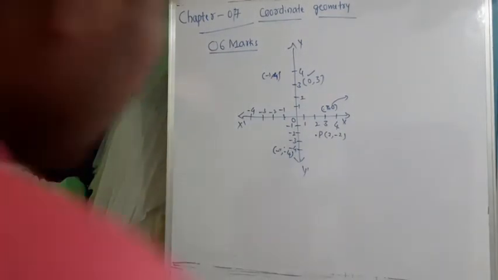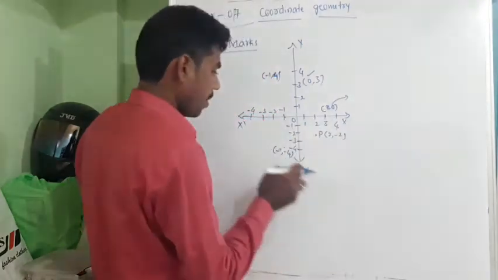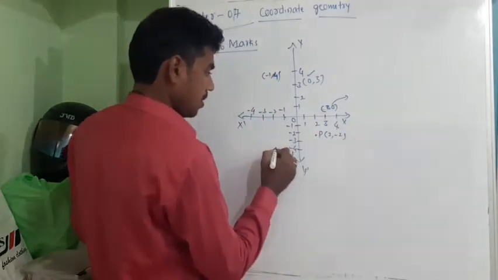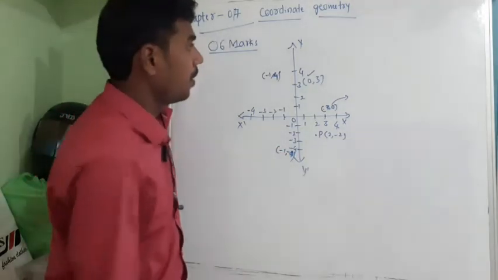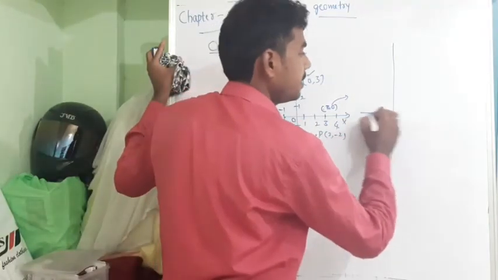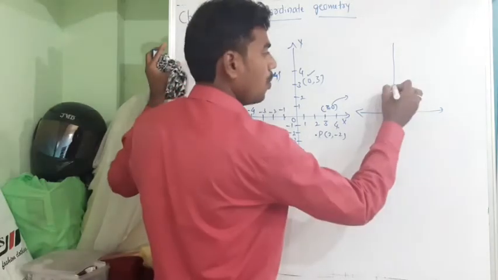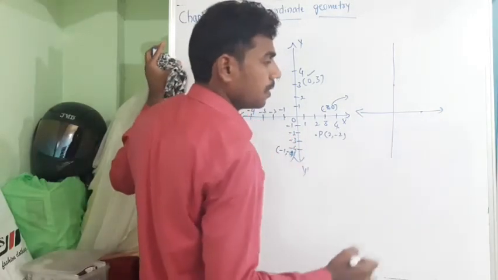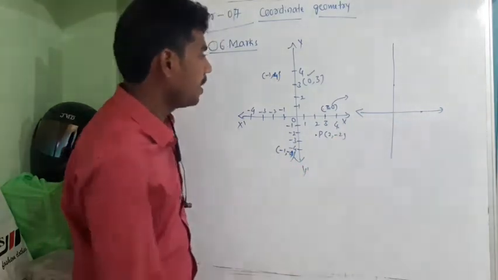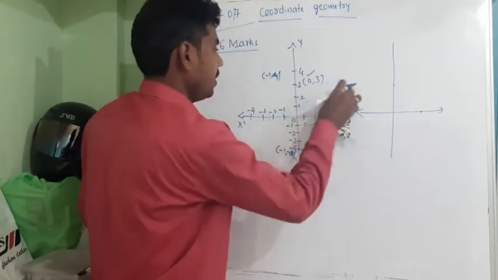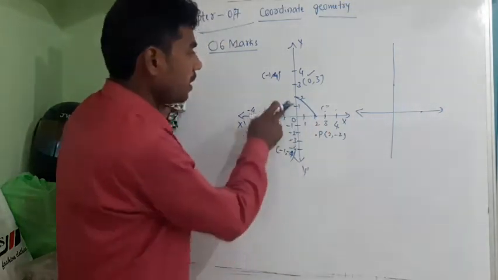On the same plane, see, I wanted this minus 1 comma minus 4. See, if I want to find a distance between the 2 points, if they are on the coordinate axis, how can we find it? Suppose with reference to this figure, if I want to find the distance between these 2 points, what are the coordinates of this point?